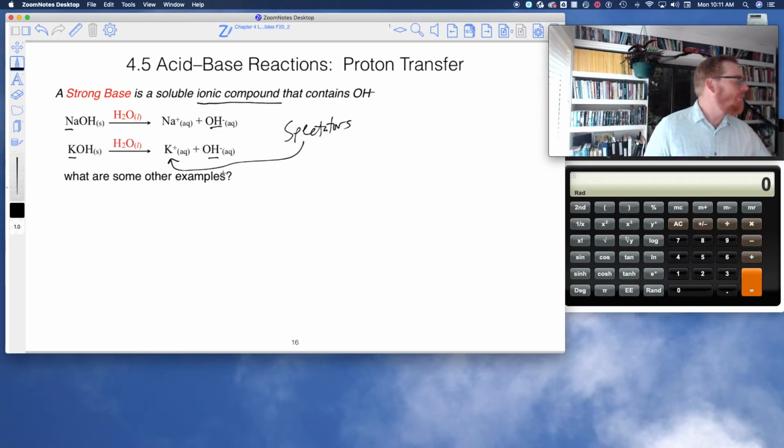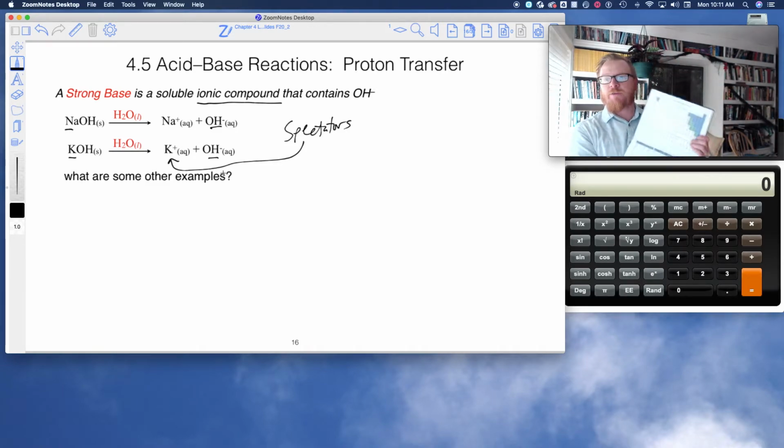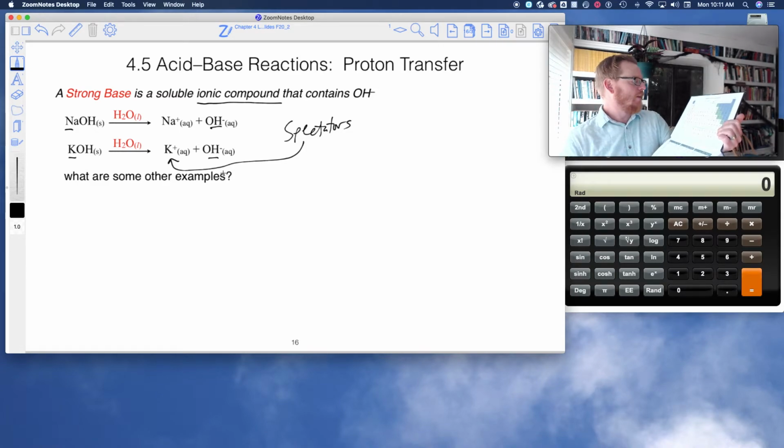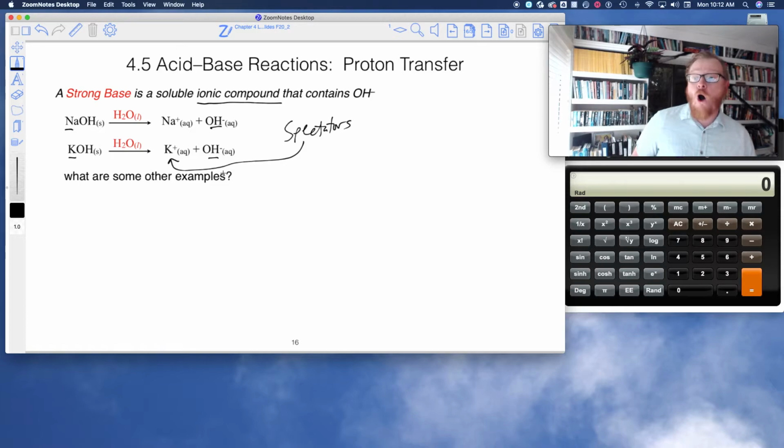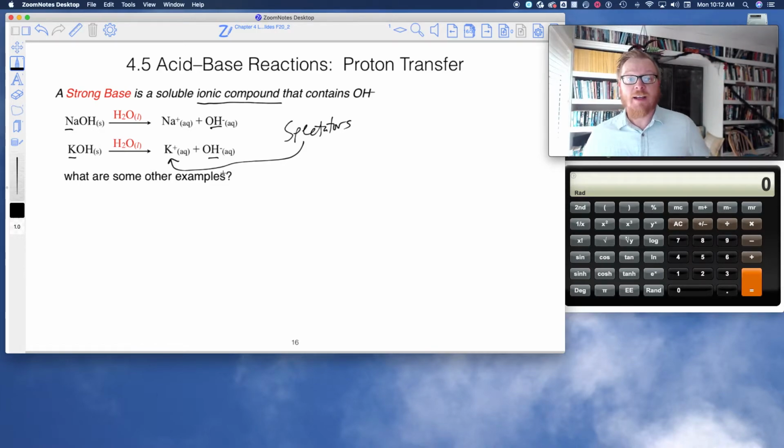Well, look, I'm going to pick up my book here. I should have had a table right in front of me. But look, so I'm going to highlight this very first row. Sodium, potassium, lithium, et cetera. Lithium, sodium, potassium, rubidium, cesium, francium, magnesium, calcium, strontium, barium. All of those are good spectator ions to make a strong base with.